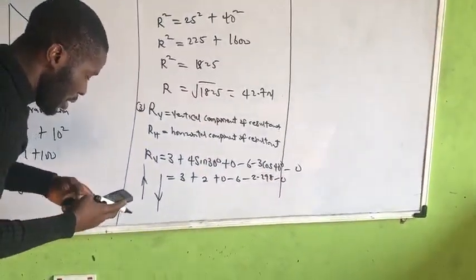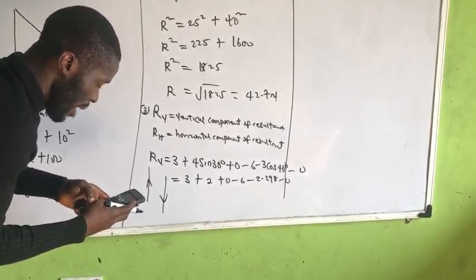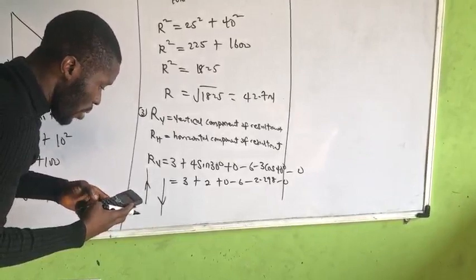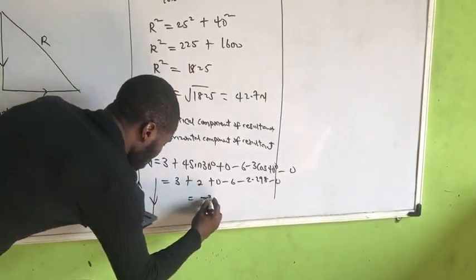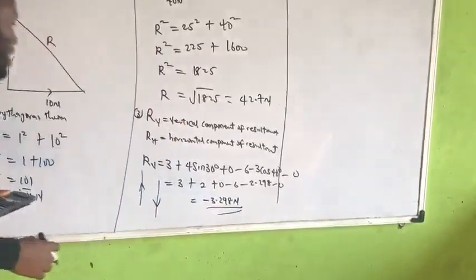So we have 3 plus 2 plus 0 minus 6 minus 2.298 minus 0. So that is minus 3.298 Newton for the vertical component of resultant.